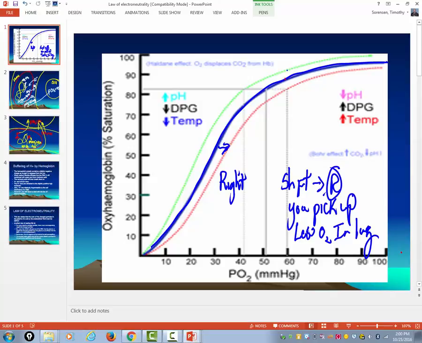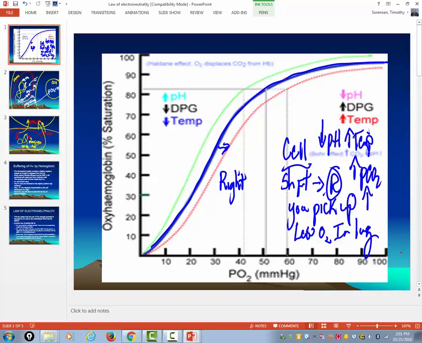And what are the conditions that can cause a right shift in the curve, meaning it is more difficult for oxygen to bind to the iron on hemoglobin? Well, these are the conditions that are present at the cell. So a shift to the right is your total body is now experiencing the same conditions that you would have locally at a cell. That is a drop in pH, an increase in body temperature, an increase in PCO2, right?